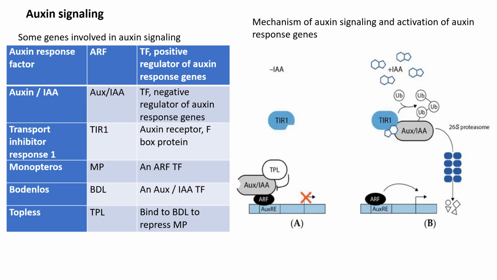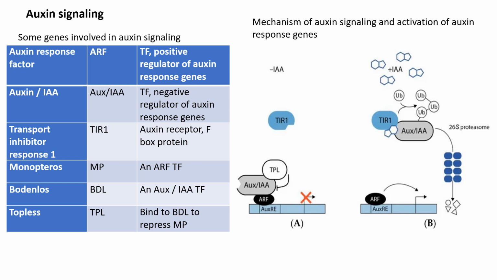In the absence of auxin, the auxin response genes show the presence of auxin response factors attached to the promoter regions, but these auxin response factors cannot carry out their activation of the auxin response genes because they are inhibited by the repressors of auxin responses, namely the Aux/IAA factors.